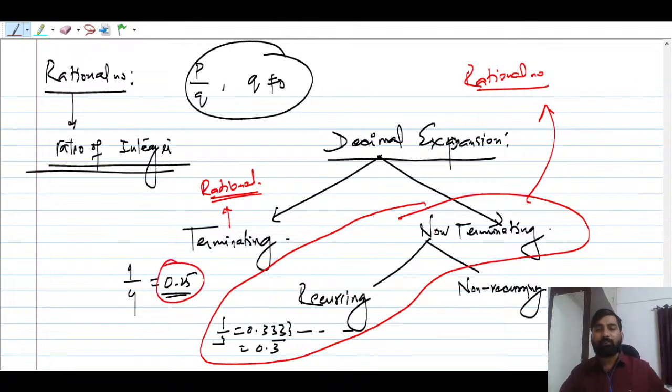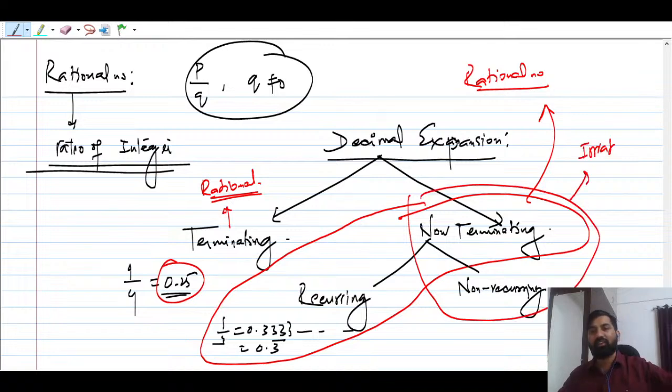So a non-terminating as well as recurring decimal expansion will give you a rational number, but non-terminating and non-recurring, we call it irrational. Irrational numbers, you can say pi, root 2, root 3. Please remember, this is a very important concept.